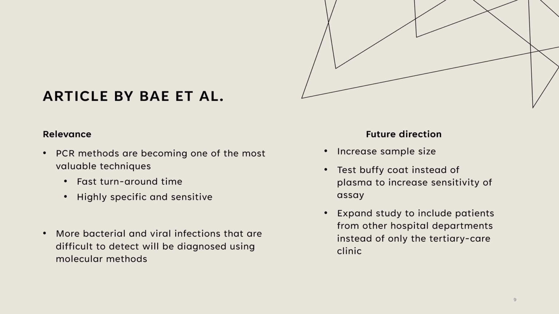The authors could also expand the study to include patients from other hospital departments and not only concentrate on the tertiary care clinic where the study took place. This would mean an even larger sample size, providing better results.